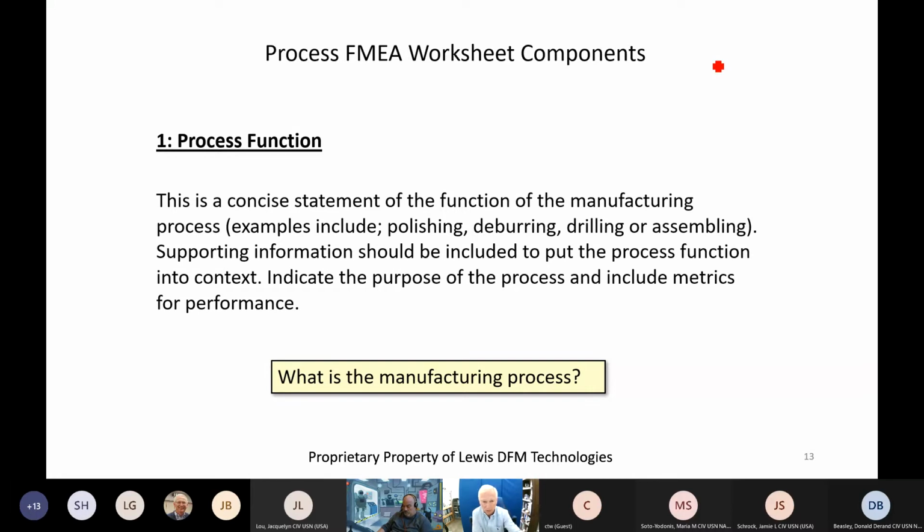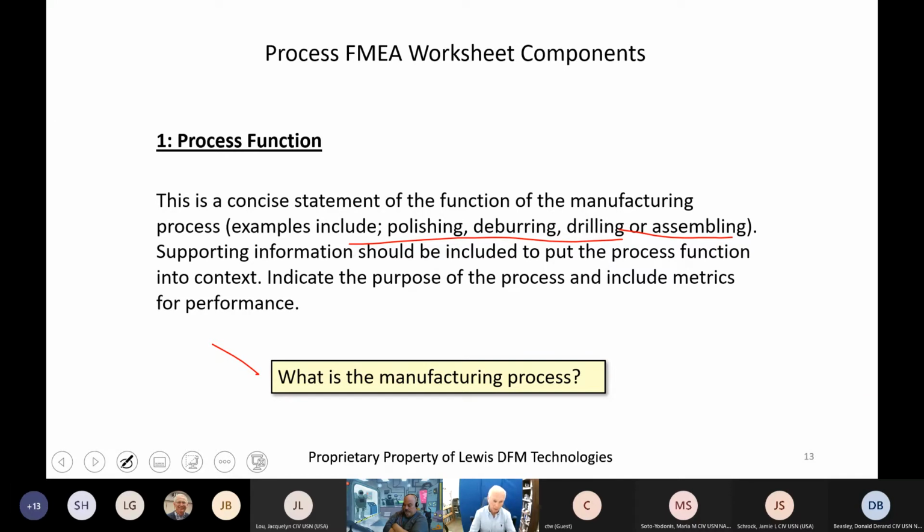And process function is really what is the manufacturing process. And it can be polishing, deburring, drilling, assembling, bolting, torquing. It can be whatever the manufacturing process is, even inspection. Because in many instances, we include inspection in the process FMEA. In many instances, inspection does not have its own FMEA.